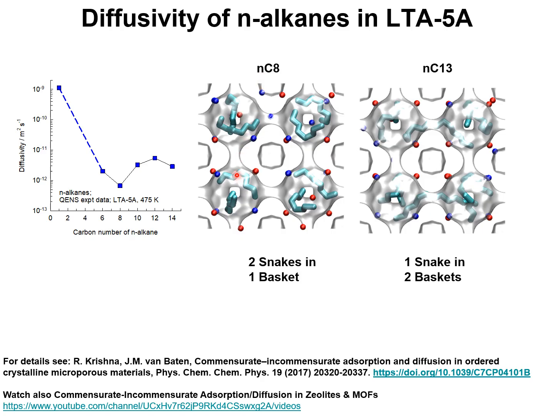NC8 has a chain length that allows two molecules to locate within a single cage. See, we have two molecules here, two molecules here, two molecules here, two molecules here.